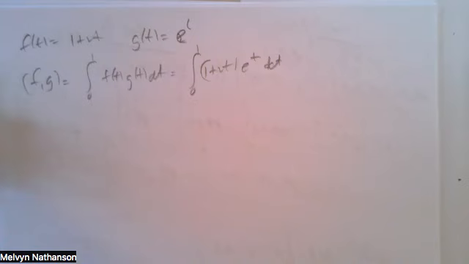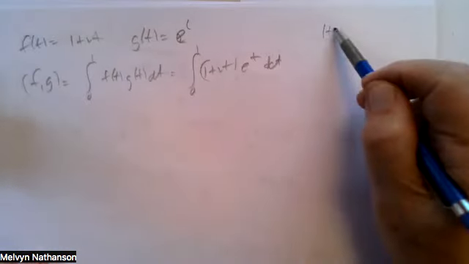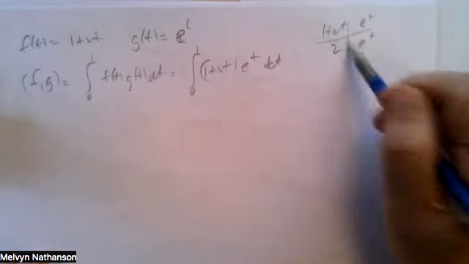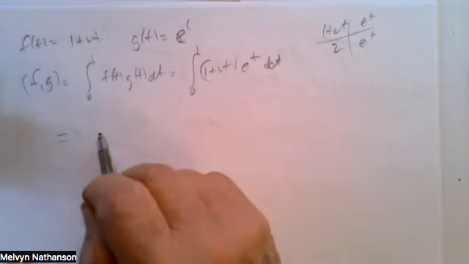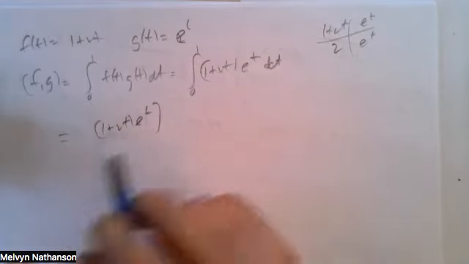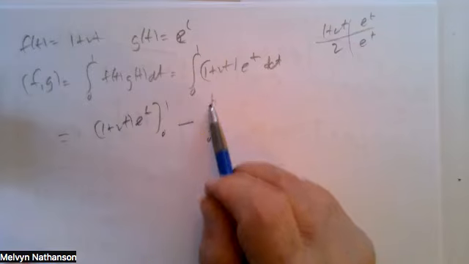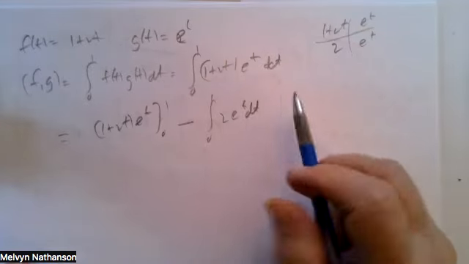You have to integrate this, right? So you can integrate by parts. This is the same as 1 plus 2t, e to the t, evaluated from 0 to 1, minus the integral from 0 to 1 of 2e to the t dt.